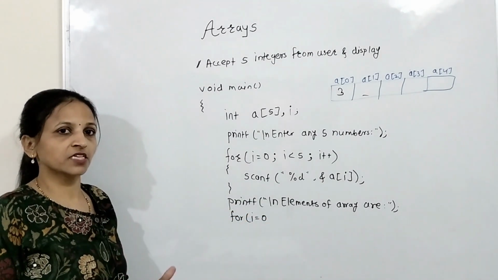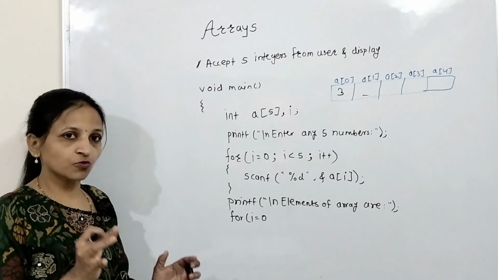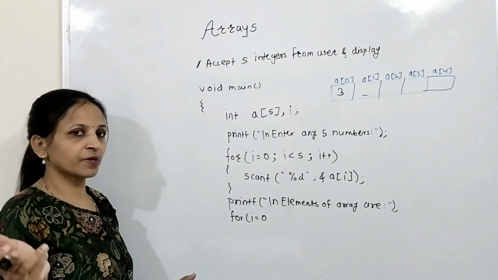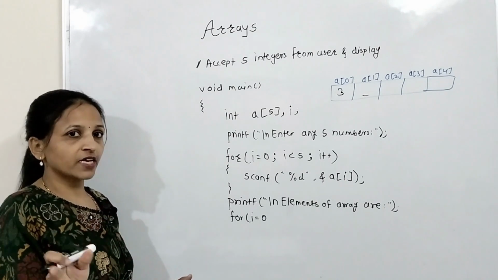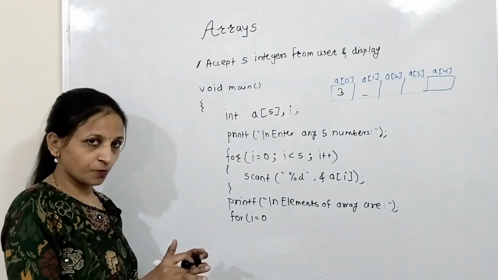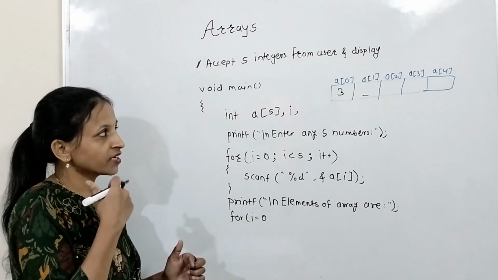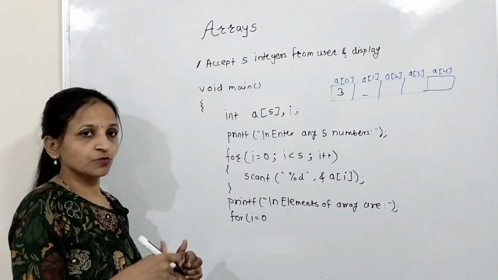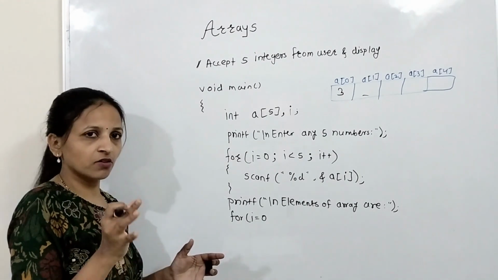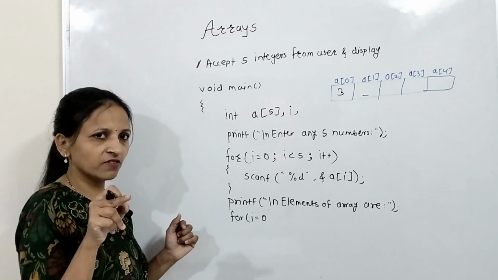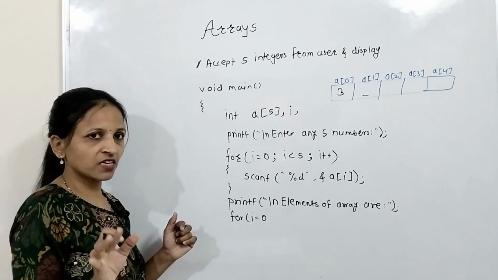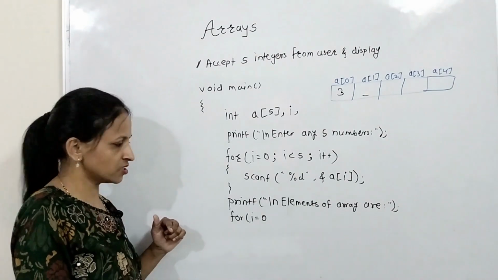That's why in case of array we always have to use loop concept, and for indexing purpose, to traverse through the array, we compulsorily have to use a loop. To get the index we declare one counter variable, and it will normally start with 0 because index starts with 0.